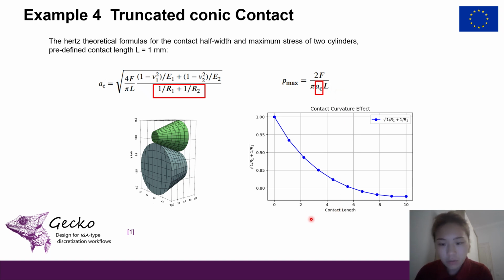Therefore, along the length, the contact pressure decreases where the surfaces become flatter, following the curvature variation.